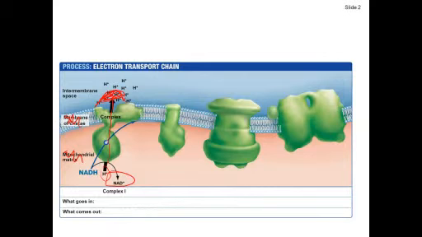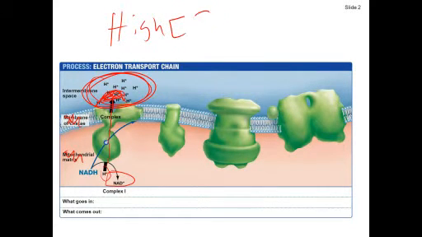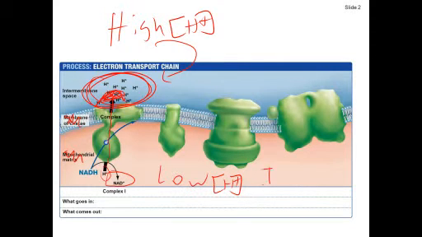Here you're building up a proton gradient, with a high concentration of protons outside and a low concentration of protons inside.